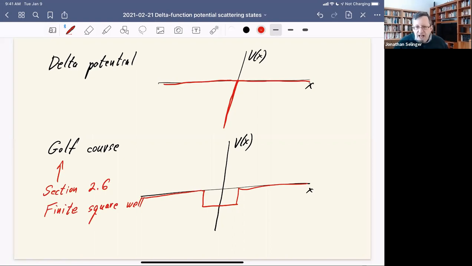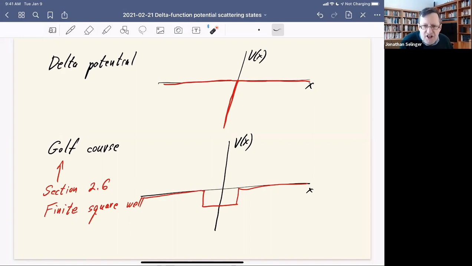Finite because the height of the potential, like that, is finite, right? Unlike the particle in a box where the height goes to infinity. And square well means just that the plot has right angles like this. So that is treated in that section of the book. And so you can see how it all works out.